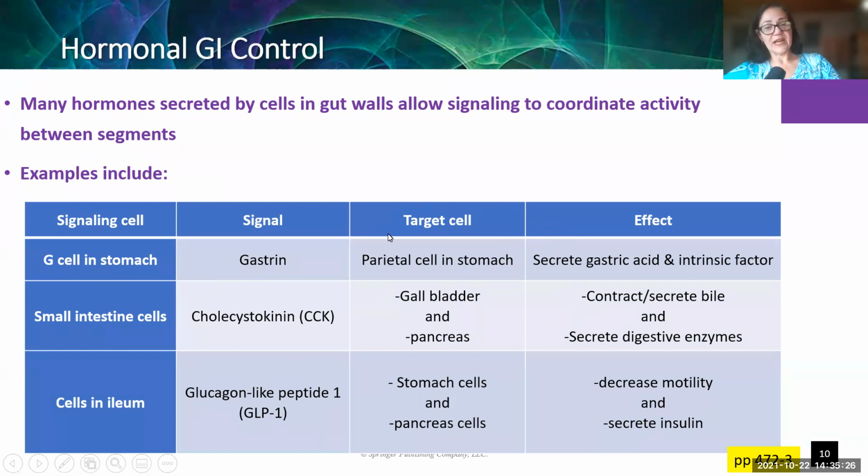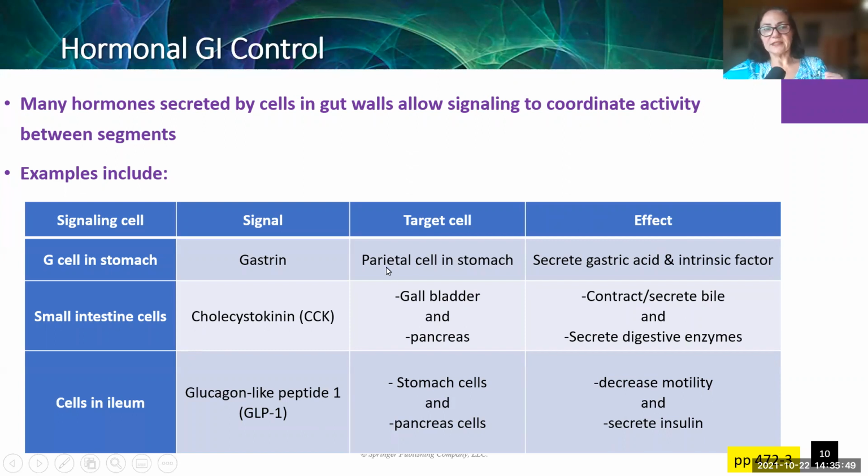The targets for gastrin are other cells also in the stomach, but in a different place. These are parietal cells, and we've mentioned these before because we talked about intrinsic factor. Do you remember way back when we were talking about B12 and the effect B12 has on making red blood cells?